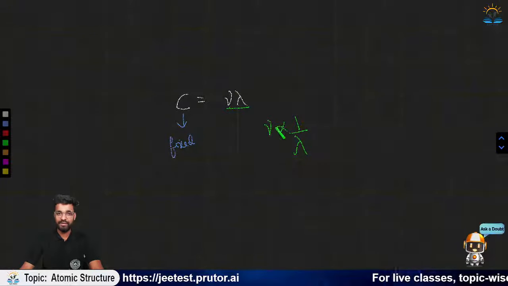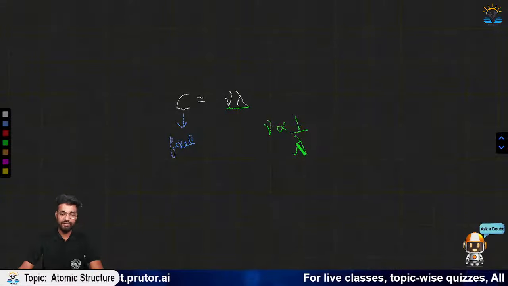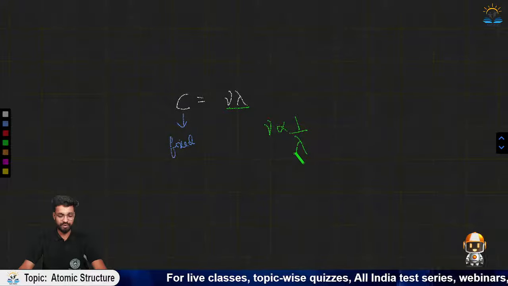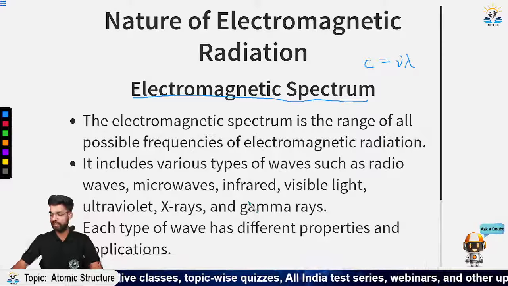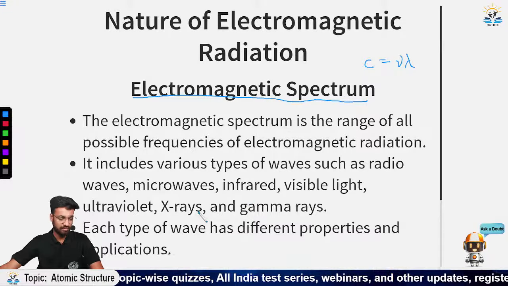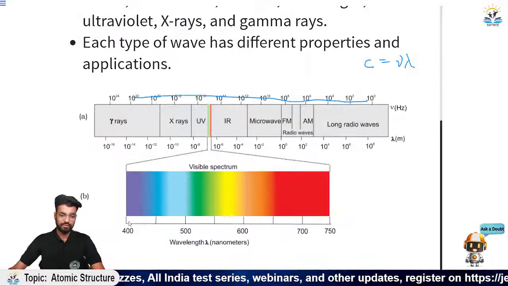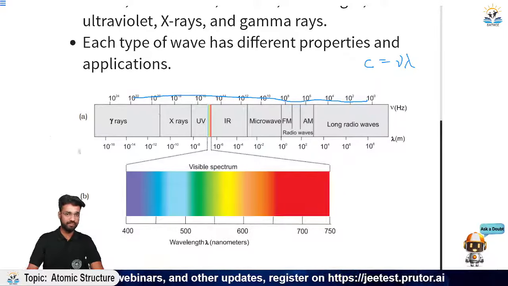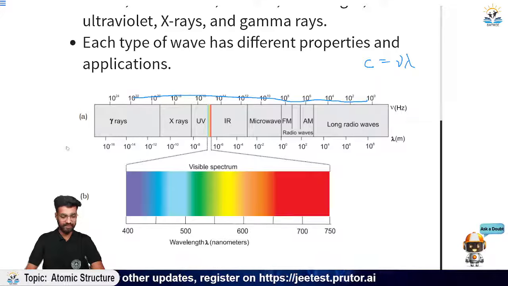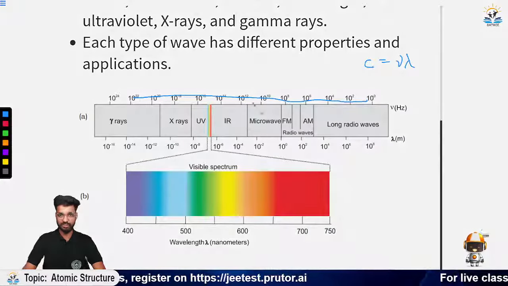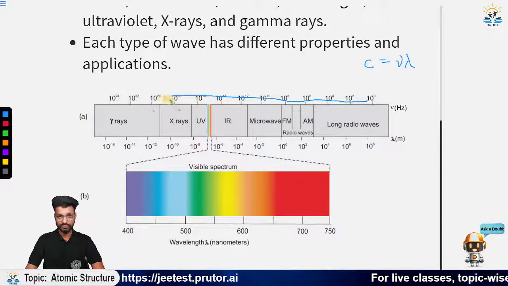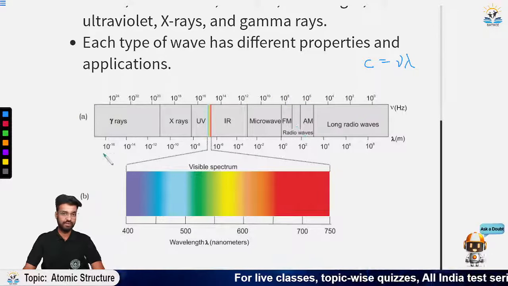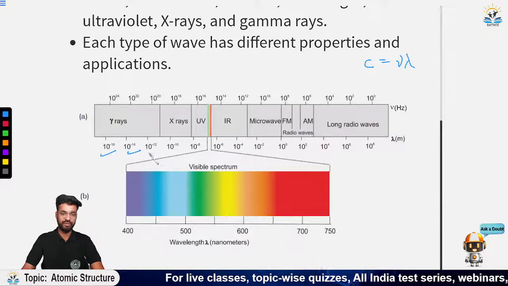Now, if we vary this nu, we get a different lambda. And for each lambda or each frequency, we have a different spectrum, like this. This is the electromagnetic spectrum. You can see here the wavelength going from this to this place. This one is 10 to the power minus 16, then 10 to the power minus 14.